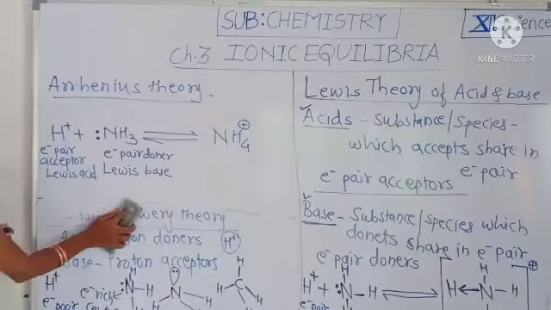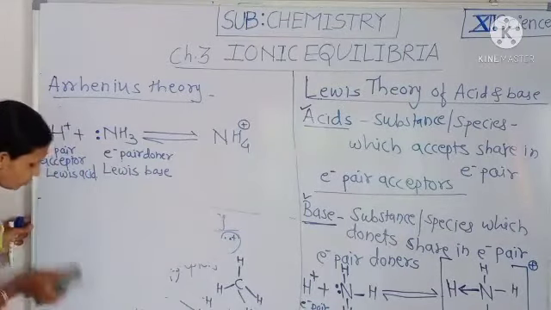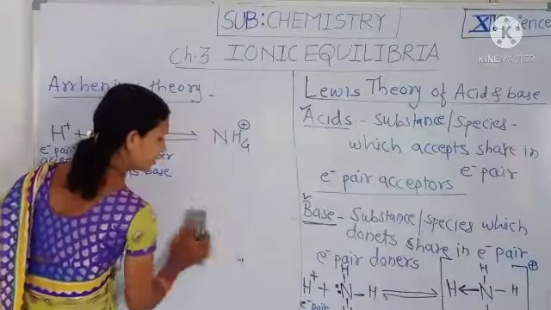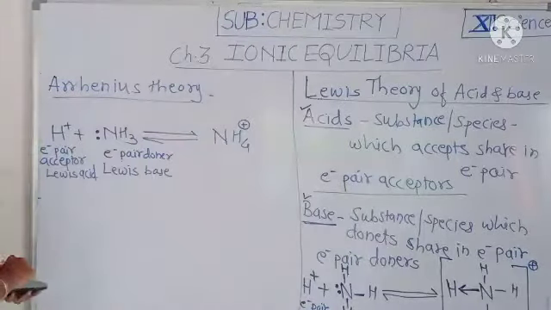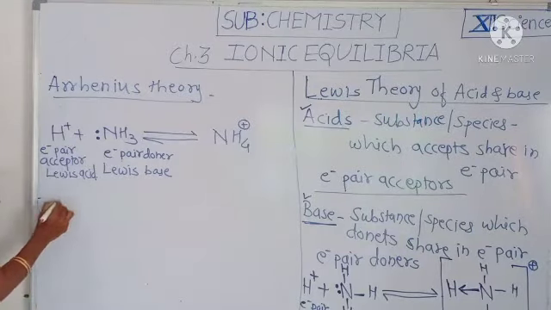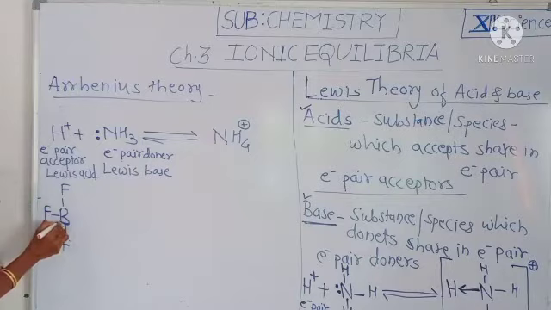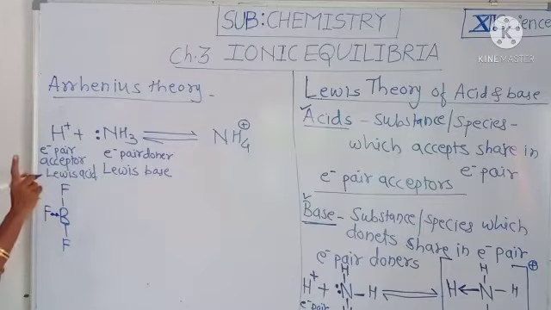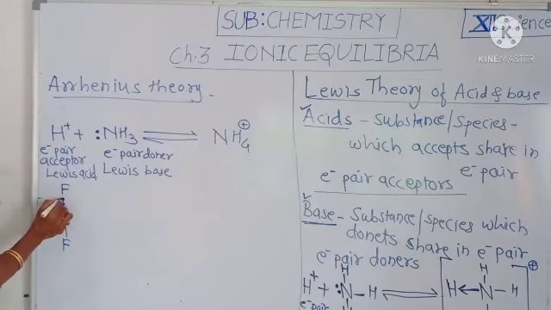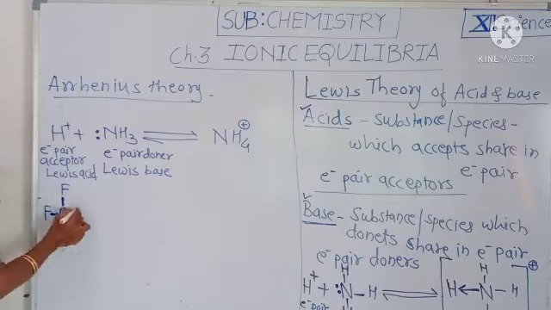One more example of Lewis acid and Lewis base I am going to discuss with you. See here, BF3, in which boron possesses 6 electrons. One covalent bond means 1 electron pair, then a second covalent bond, a third covalent bond. That means there are a total of 6 electrons around boron.